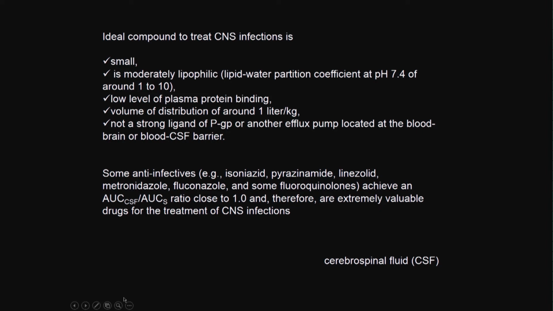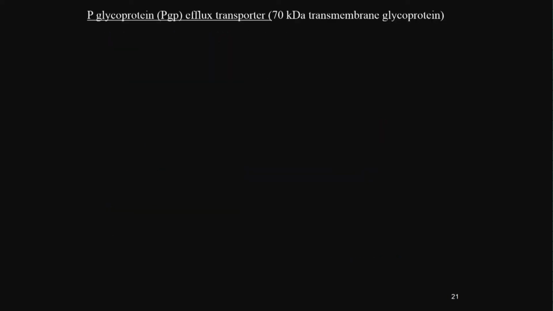So, that is the strategy one can think about: small molecules, moderately lipophilic, with a low level of plasma protein binding, not a ligand for the P-gp efflux pump, and a volume of distribution of around 1 liter per kg body weight. We have now looked at P glycoprotein, and we have looked at the blood brain barrier as one of the important parameters to consider.